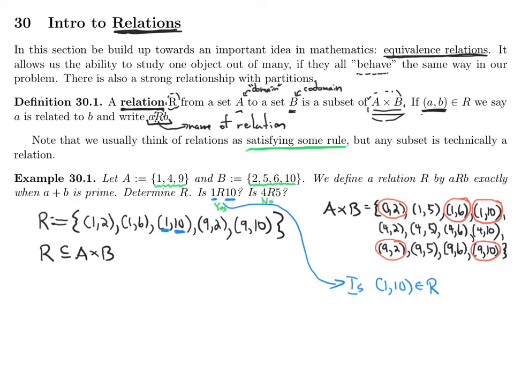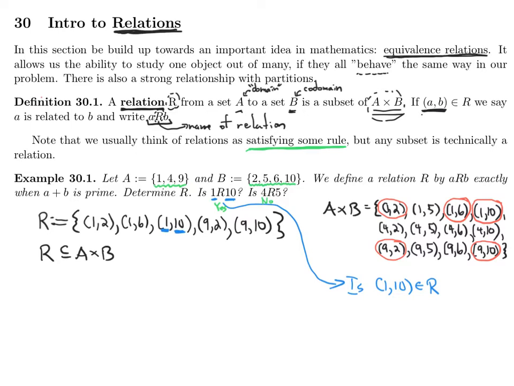Or it could be something like, if you look at the English word representing each number, we could define a relation that an element in A is related to an element in B exactly when the English words have the same number of letters, or whatever you want. You can come up with any rule you want. There's nothing except your imagination stopping you from creating a rule. So that's how it works.